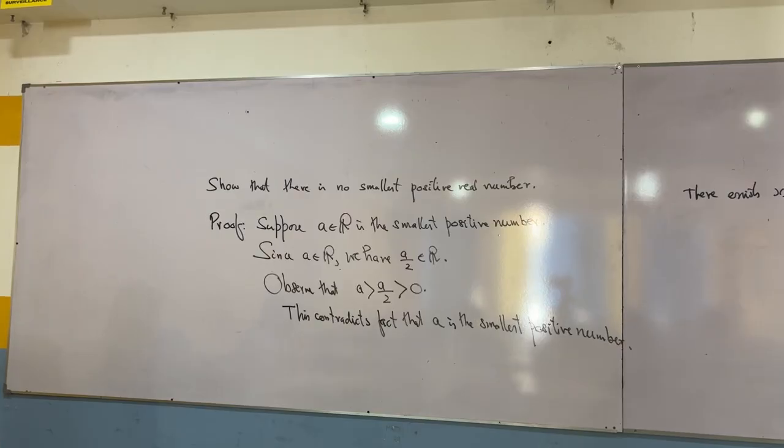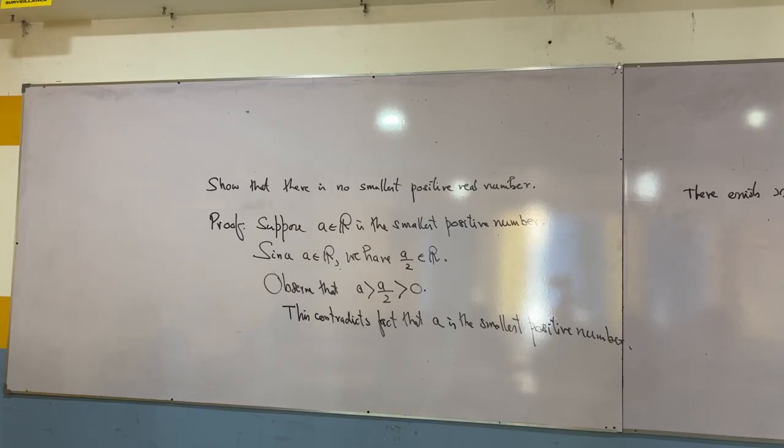If you want to say 2A is greater than A, you have to prove that A is positive. If A is positive, only then is 2A greater than A. So it's good that you started, suppose A is the largest real number, then you said 2A greater than A. I asked you why, you couldn't answer.